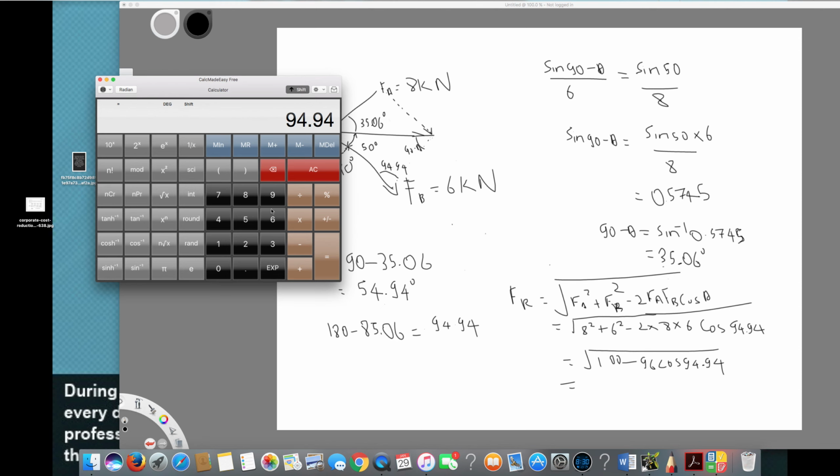So let's calculate this one. Let's find the cos first, so it will make our life easier.